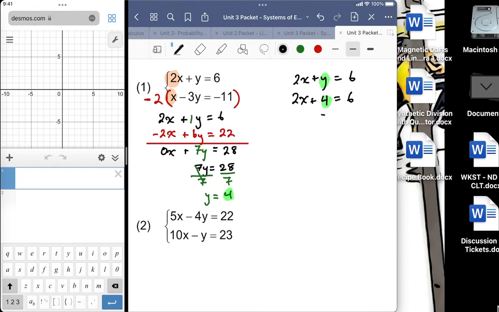Using properties of equality, subtract the 4 from both sides. Using another property of equality, division this time, divide both sides by 2, and you get x is equal to 1, which gives the solution of 1, 4.